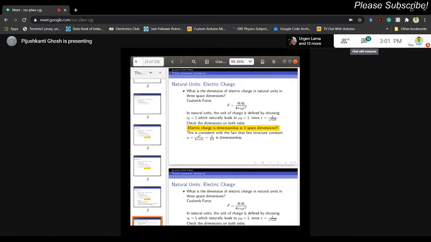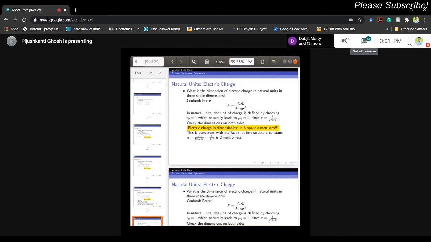This is precisely why they are expressing all these parameters in terms of natural unit, because in natural unit mass can be expressed in terms of energy. Similarly, while studying spectroscopy, you must have noted that some of the wavelengths are expressed in terms of inverse electron volts.